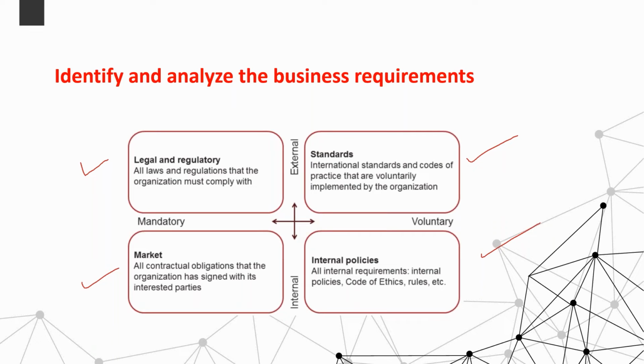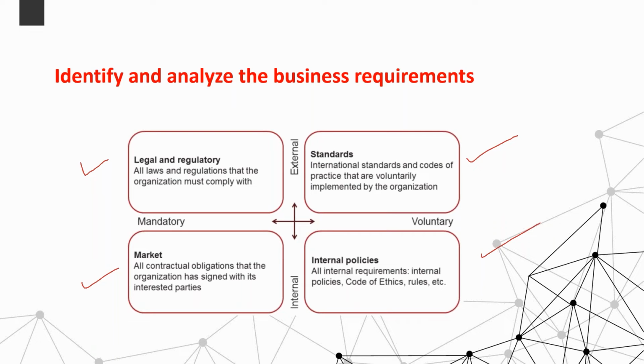Then they become obligations to comply with. If we are not opting for this standard, we might lose the certification, because it's a serious failure. So we have to obligate all those things.